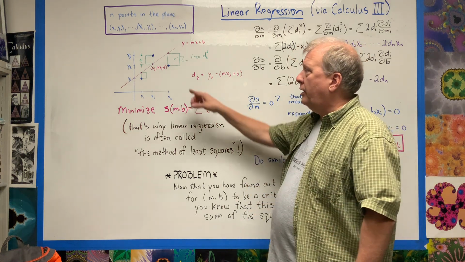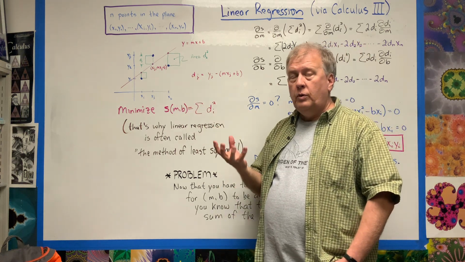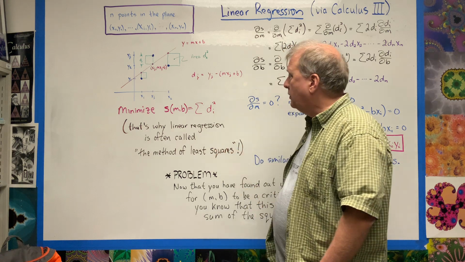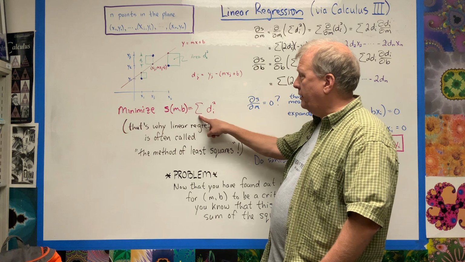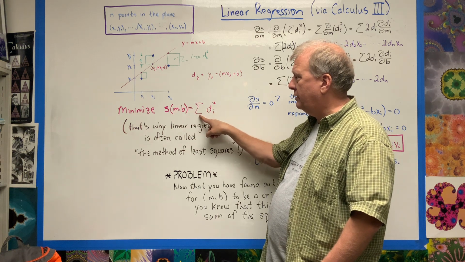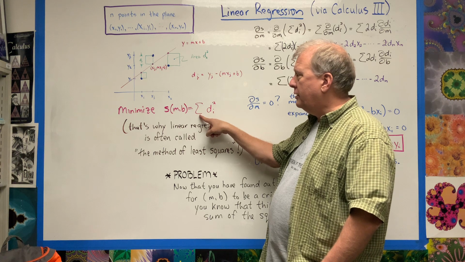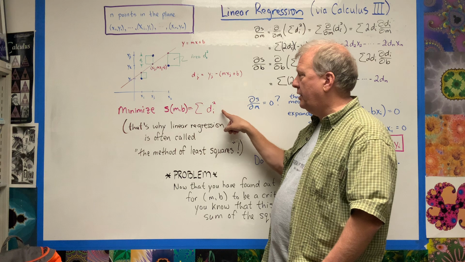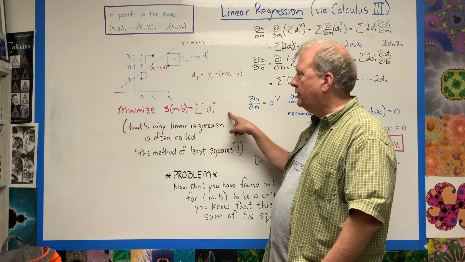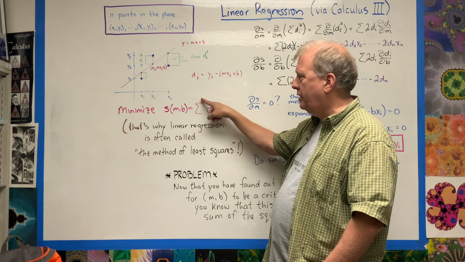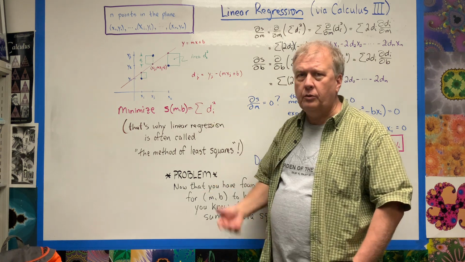And you'd like to create a line with the sum of these squares being as small as possible. You'd like to minimize the sum of the squares. And I'm using the summation notation here to save me from writing d1 squared plus d2 squared all the way up to dn squared. I suppress the index i equals 1 to n just because it's extra writing.